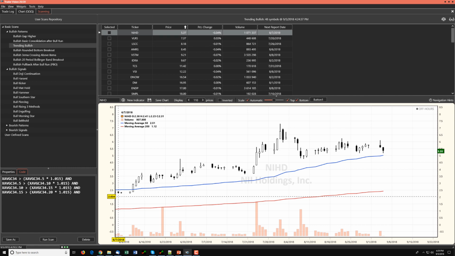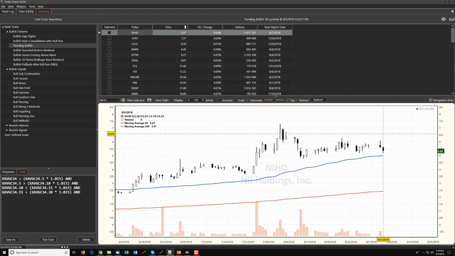You could tighten the scan by changing this to 2%, so 1.02 or 3 or whatever you want, or you could loosen it up by reducing this number. If you take it down to 1.0, that means it only has to go up 1% every 5 days. So it's just how much of an uptrend do you want to have, defined by the 34 period moving average.